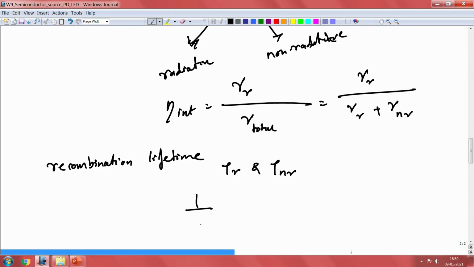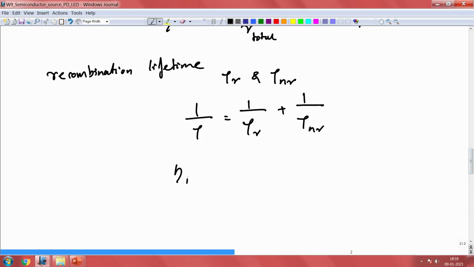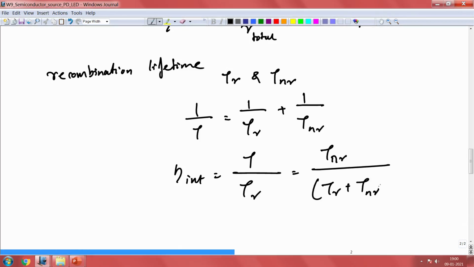So, the total recombination lifetime is simple addition of radiative and non-radiative recombination lifetimes. Okay. So, these two are the important factors here, and the internal quantum efficiency can be now written in terms of lifetimes now. So, non-radiative recombination lifetime to the total lifetime that you have.